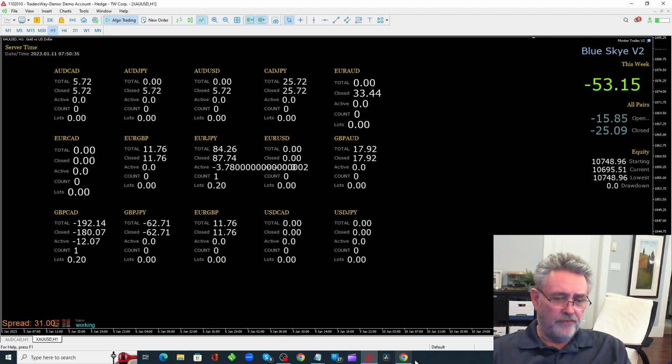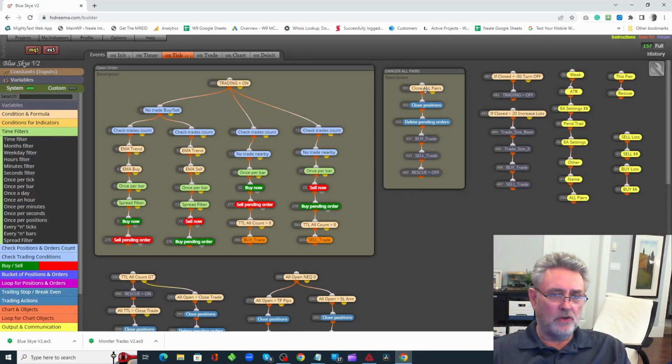So the code for that is here, which says if you're below $50 in closed trades, then let's just give up on that pair for now. But I've got another piece of code which does the opposite, that says if your closed pairs are greater than $20, increase your base trade size from 0.1 to 0.2.